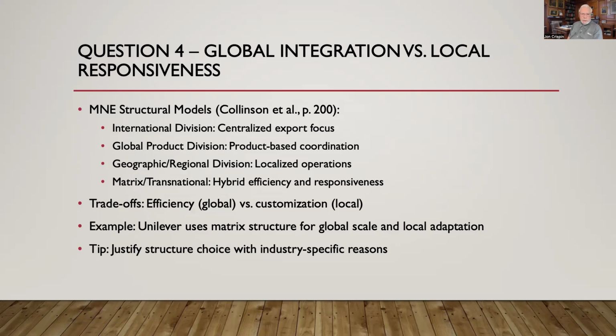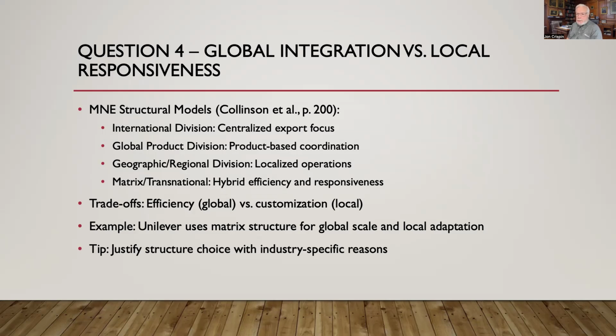And question 4 is global integration versus local responsiveness. This reminds one of the old notion, think globally, act locally. And you may want to consider the 4 M&E structural models, emphasizing their role in balancing global integration and local responsiveness.